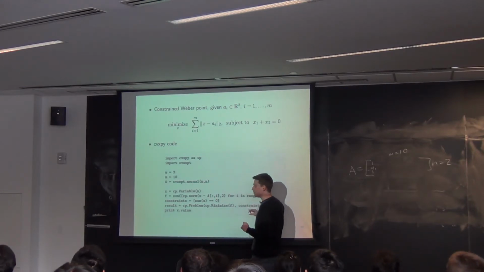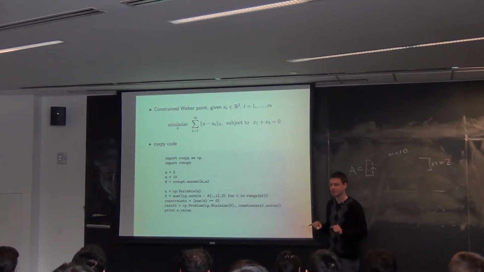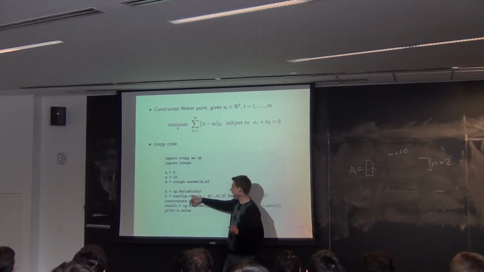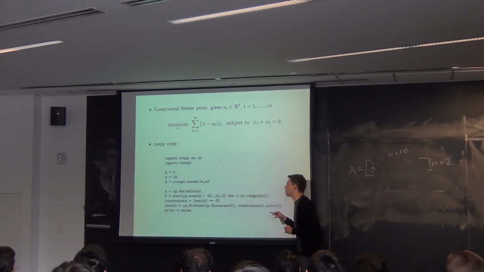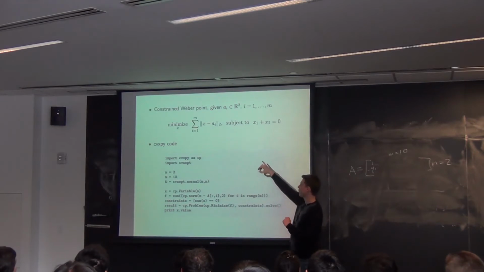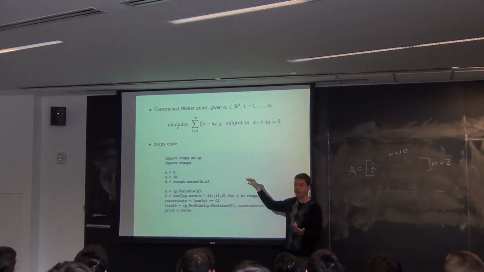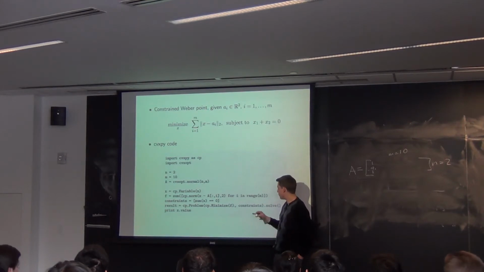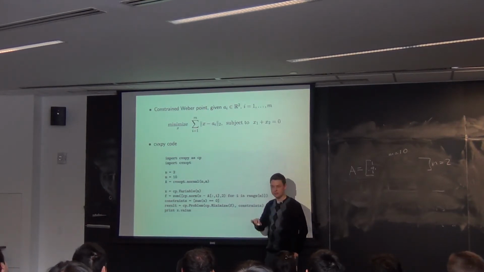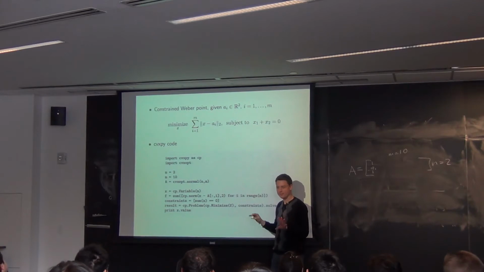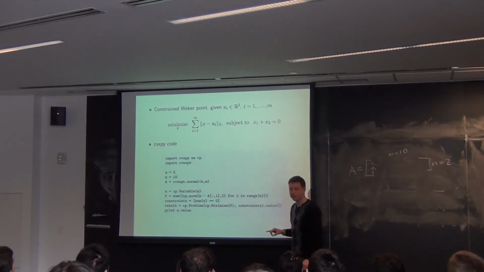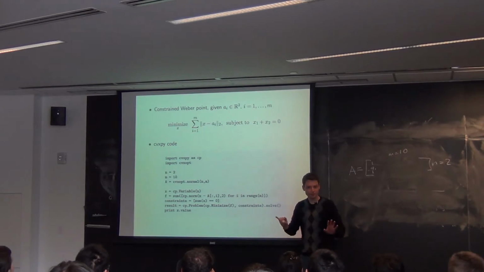Okay, this next one is kind of the magic of the system. Again, how do we specify what we want to minimize here? Well, we want to minimize the sum of all those norms. Now this is combining both something from Python and some of CVXPY, so hopefully people will be able to parse this okay. Everyone's familiar with list comprehensions in Python, or at least familiar with that concept.